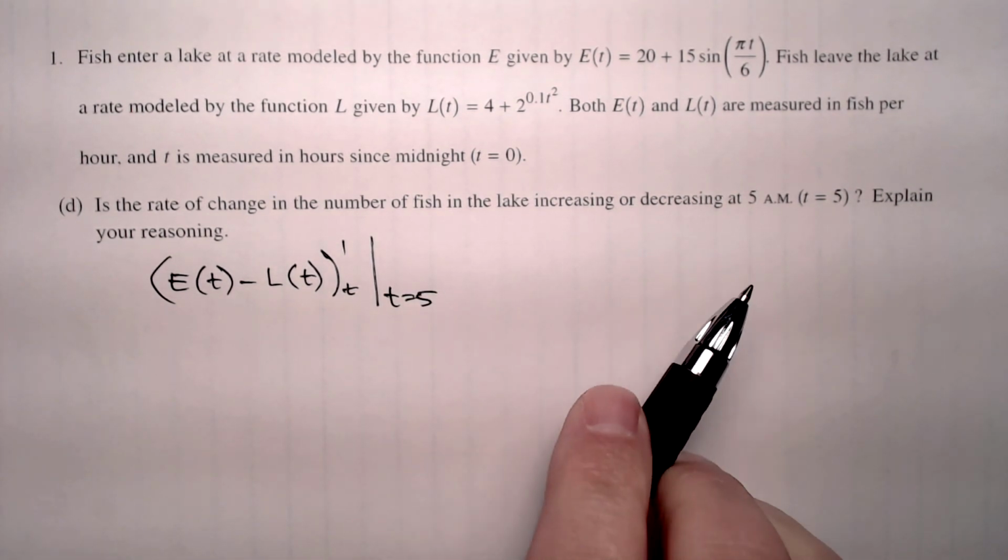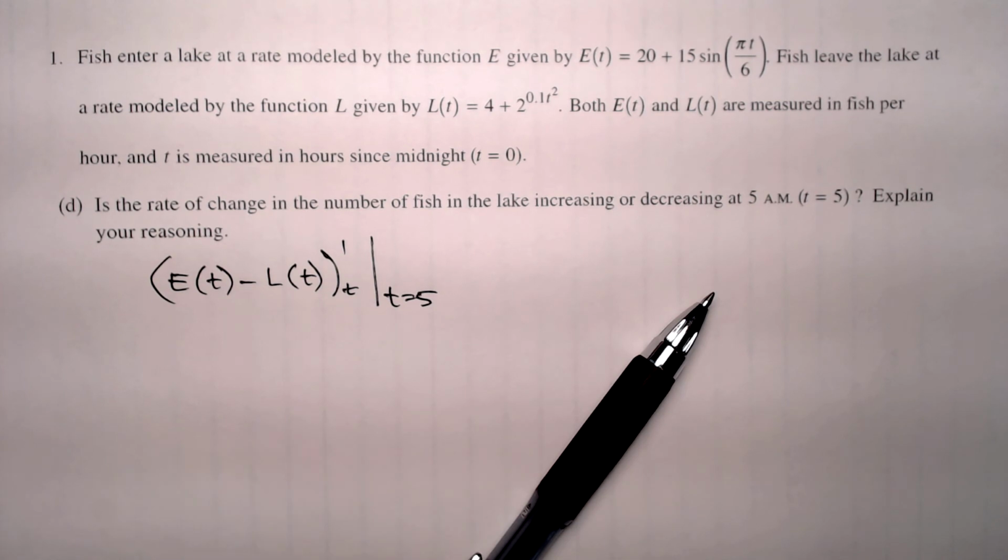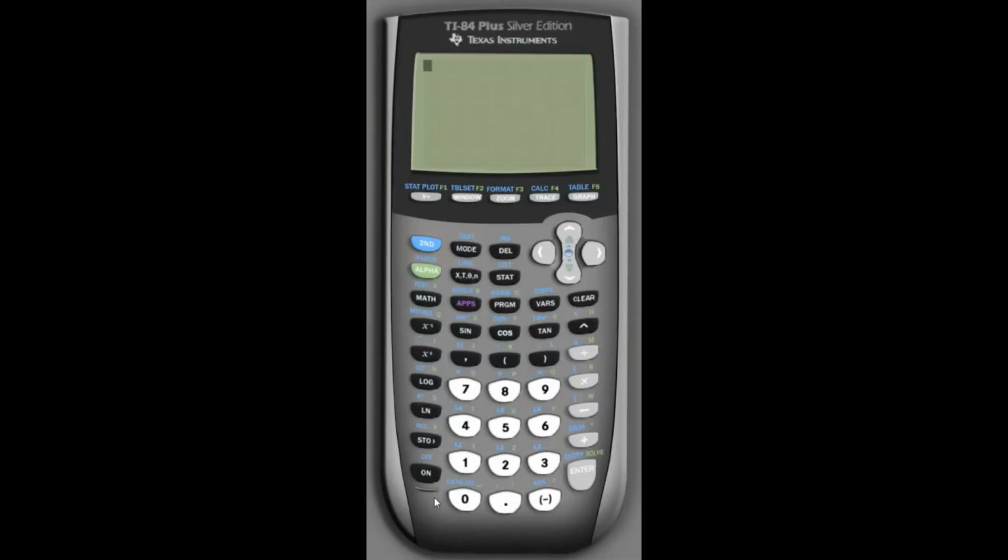So here we take the derivative of the rate of change function and evaluate it at t equals 5. Let's do it numerically.